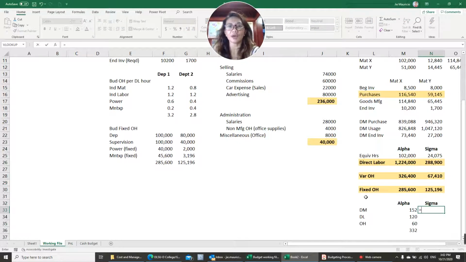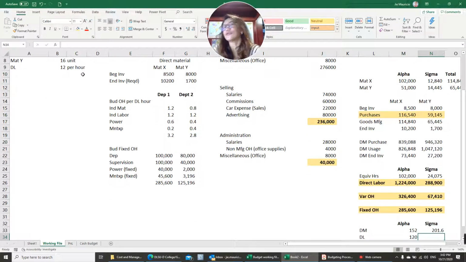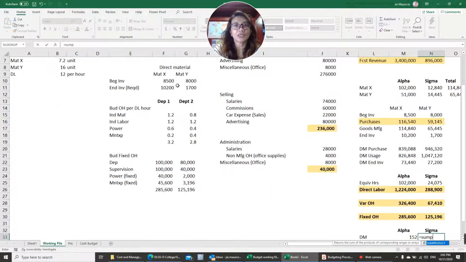Now, for sigma, the direct materials is 8 times 7.2 plus 16 times 9. There's actually a shortcut formula for this. Instead of multiplying and adding it together, since the cells are continuous, we can use the formula SUMPRODUCT.